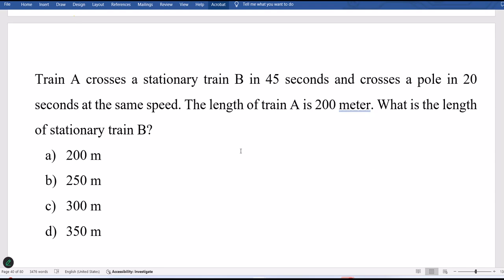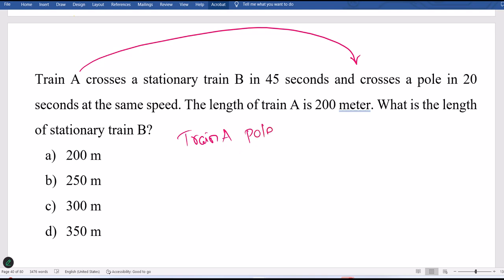A train crossing a station, a train crossing a pole. If you have a look into this question, when train A is crossing the pole, the distance will be equal to the length of the train.